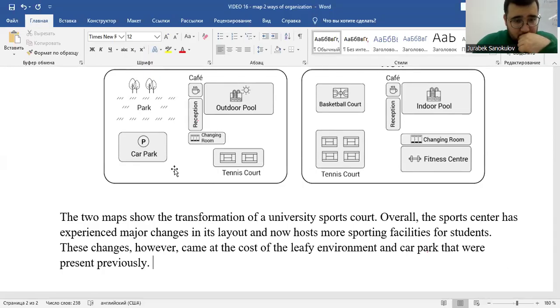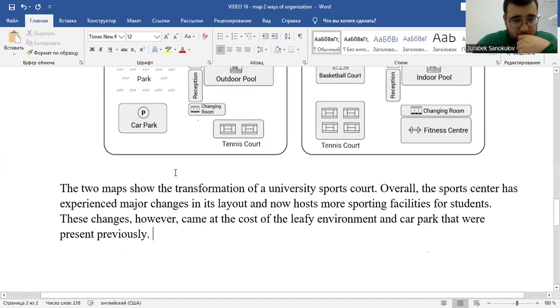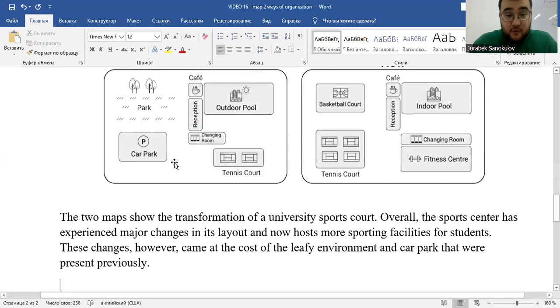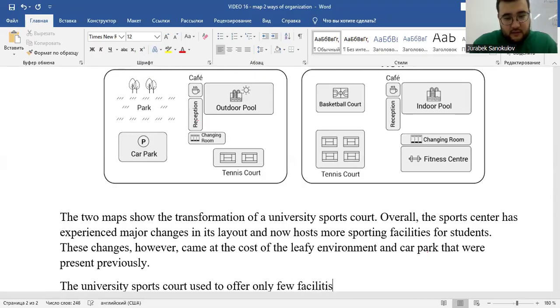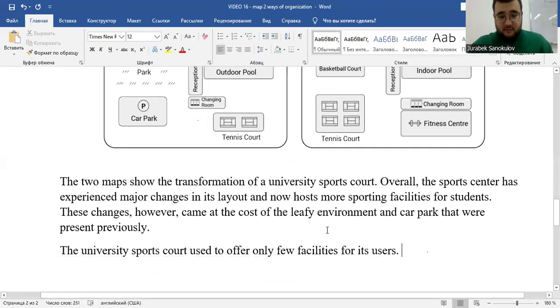Before we get to that part, we need to come up with a topic sentence to describe the first map. So let's include this: the university sports court used to offer only few facilities for its users. Yeah, that's a good topic sentence.